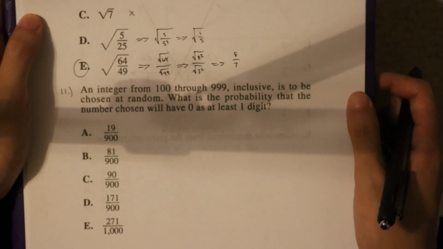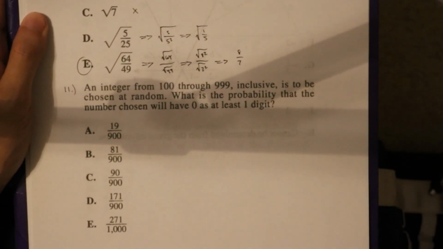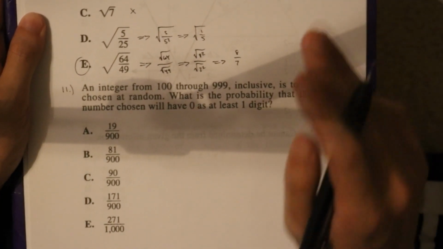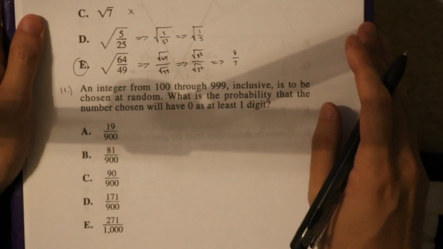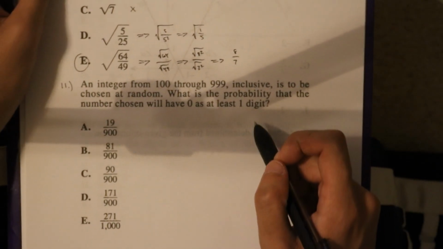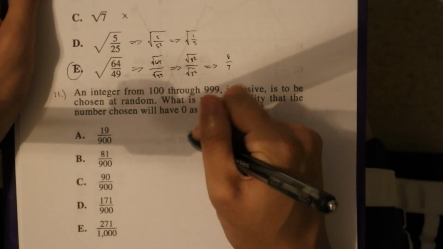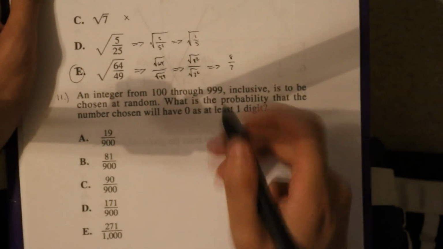An integer from 100 through 999 inclusive is to be chosen at random. What is the probability that the number chosen will have 0 as at least one digit? So let's actually count this. Remember, 100 is inclusive, so we have to include 100.